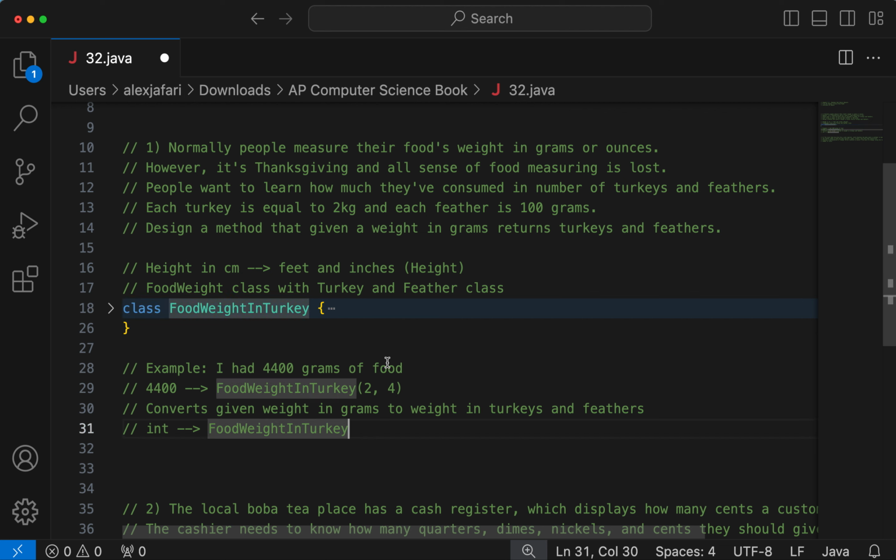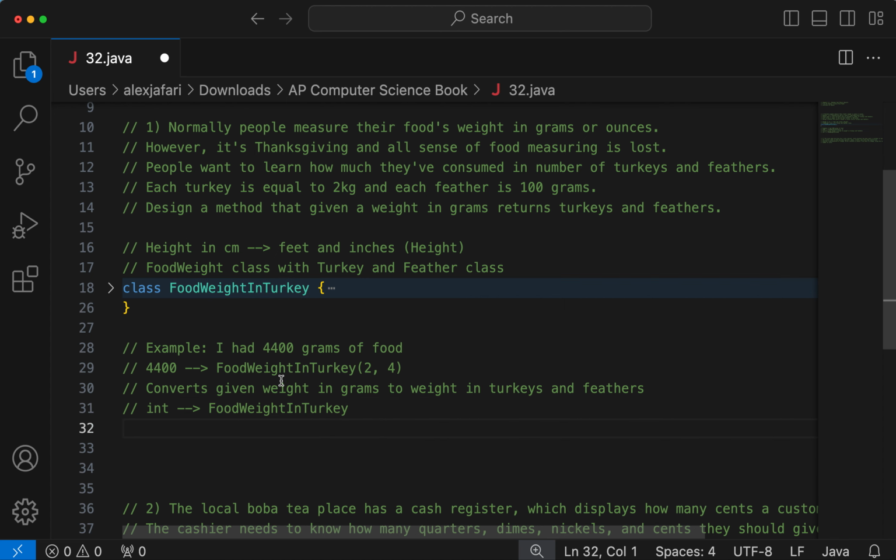All right, now that we've gone through the example and we have the signature down, how do we convert this signature into code? So, food weight in turkey. There is no input, so an empty parenthesis.